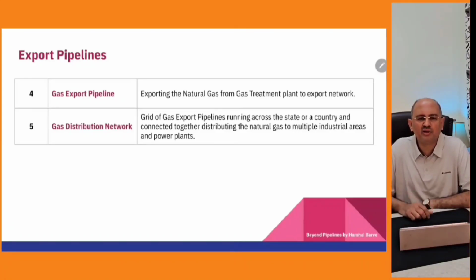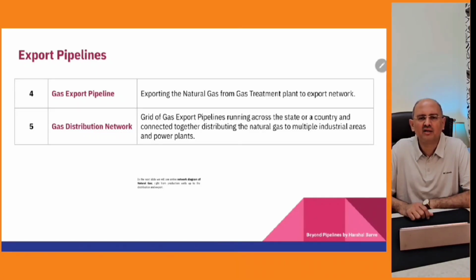This is the gas distribution network, which is the same as the export network, but gas distribution takes the gas to the various local uses plus the export. So it is also called the grid or distribution network. Like electricity overhead grids are installed along the country, these gas pipelines are installed buried across the country, but the common man normally doesn't see them and doesn't understand.